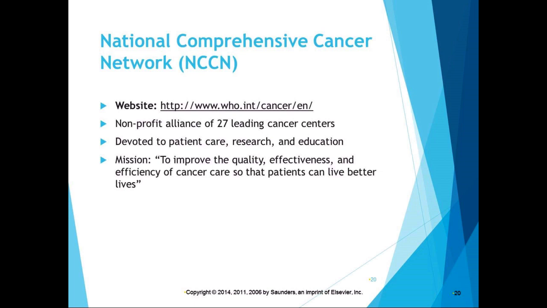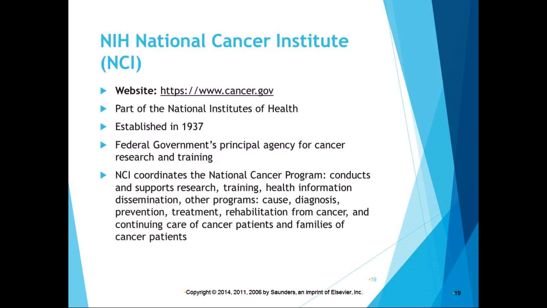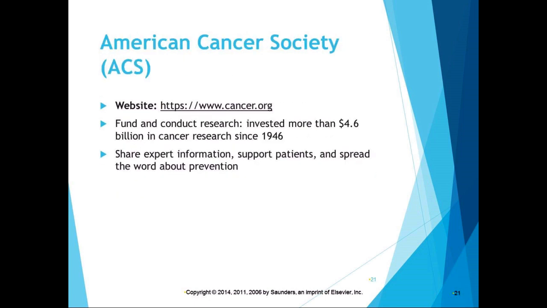The National Comprehensive Cancer Network is a nonprofit alliance of 27 leading cancer centers, and it's devoted to patient care, research, and education. Their mission is to improve the quality, effectiveness, and efficiency of cancer care so that patients can live better lives. So they're more on the patient care end of things. The National Cancer Institute is comprehensive.